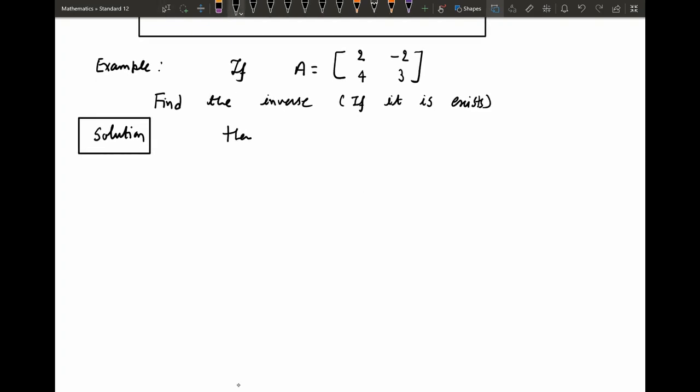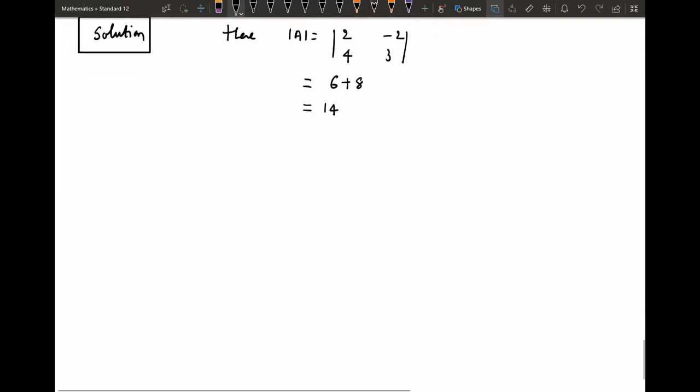Here determinant A, 2 minus 2, 4 3, so 6 plus 8, so this is 14, not equal to 0, therefore A inverse exists.